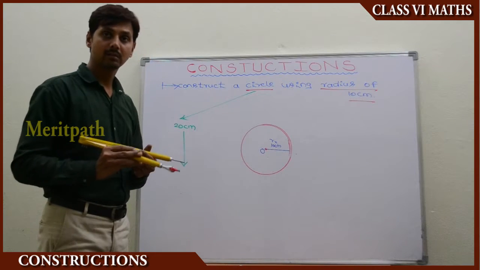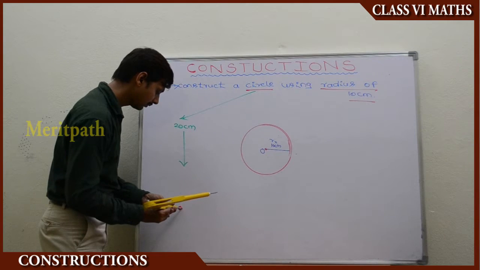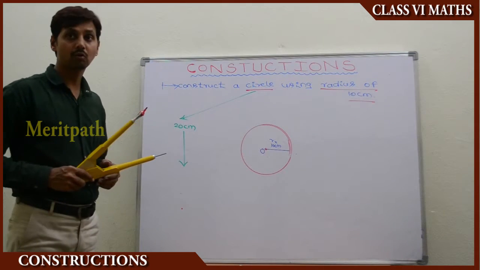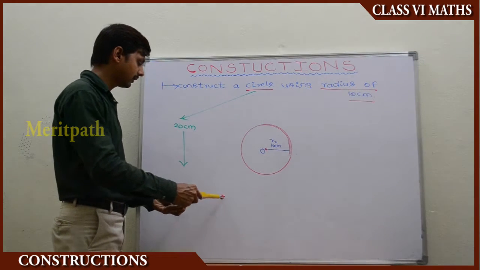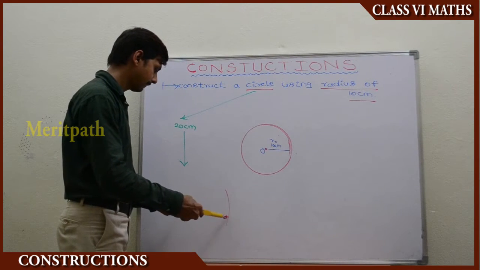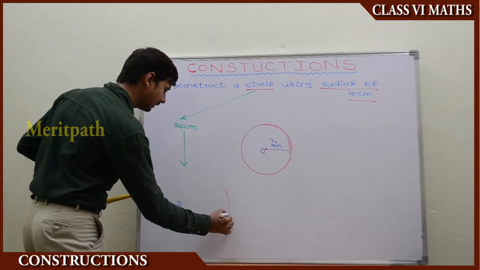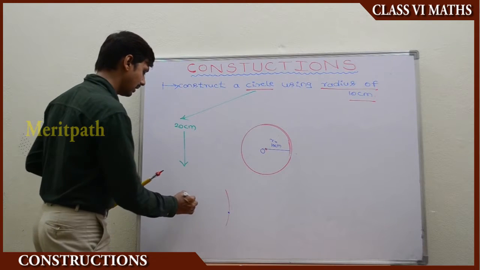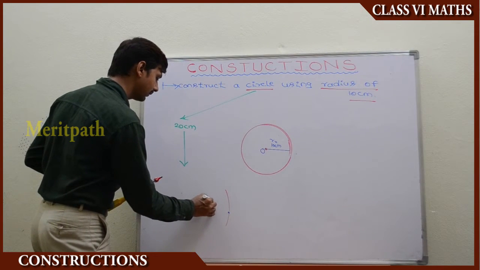Using this radius, we can put a point, and using this point, even without taking the radius we can make it. But let's make the radius first. We take it and mark it on the circle, and this is the radius of 20 centimeters.